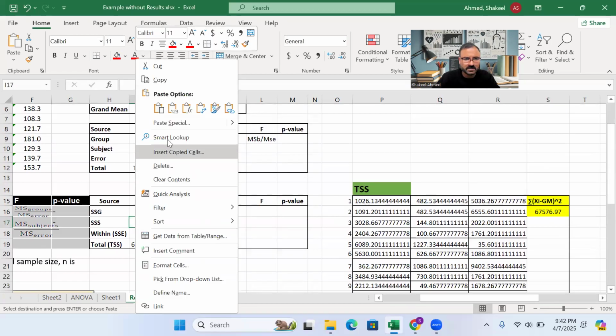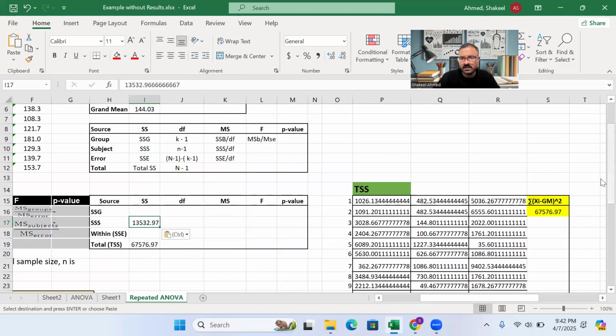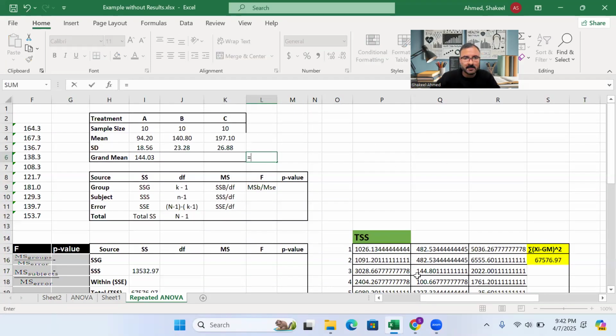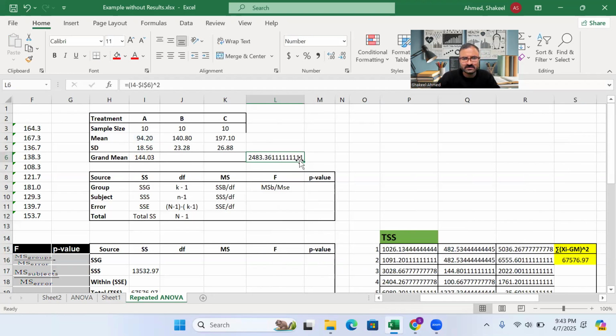You can just copy it, and you can find the between group sum of square: this minus this, and then square, and drag it.